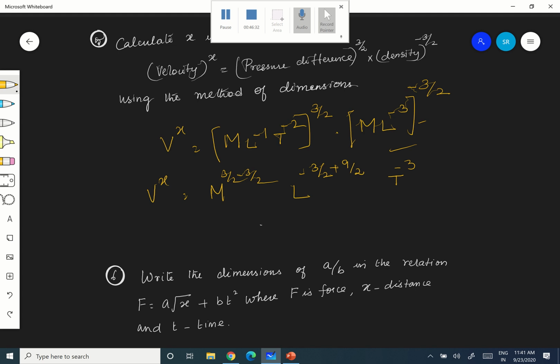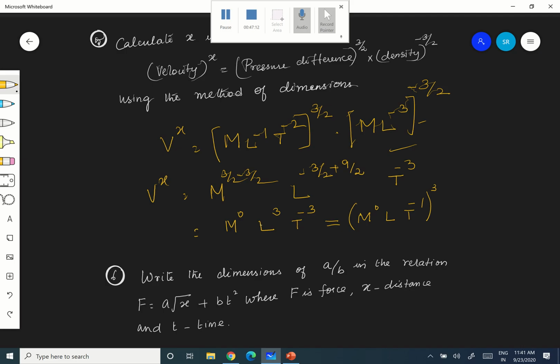Is it clear, children? Therefore, that is equal to M power 0, and L power minus 3 by 2 plus 9 by 2, that is nothing but 3. Then T power minus 3. So that is M power 0, L T power minus 1 the whole cube.